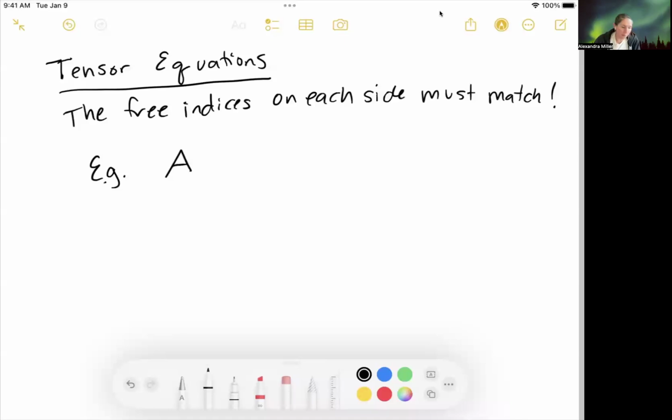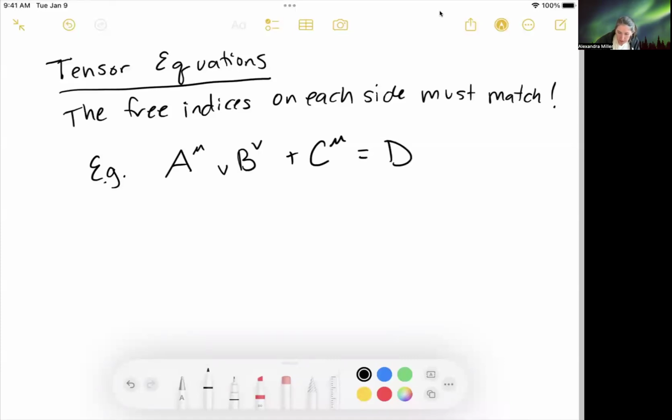And I'm just making these things up. So we have A mu nu, B nu, right? The nu's are some bound indices. Those are summed over. So this first term just has the one free index mu. So we could add to that some other four vectors, C mu. The free indices match here.